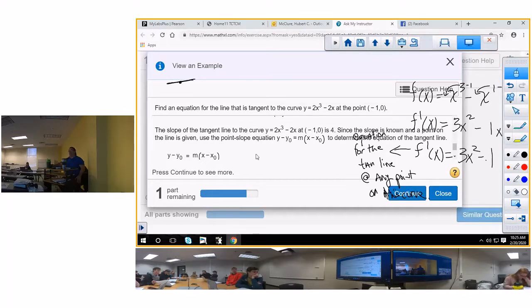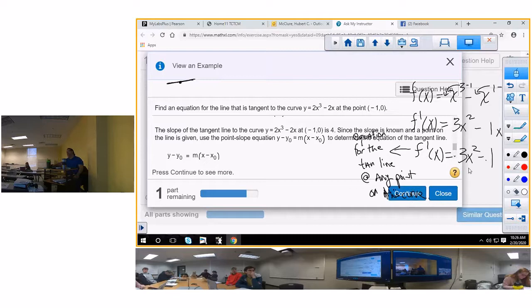Okay, well, first of all, they're wanting you to plug in -1 and 0 into the y minus. Why are they wanting you to do this? Okay, so plug -1 and 0 into the original equation, and the slope at -1.